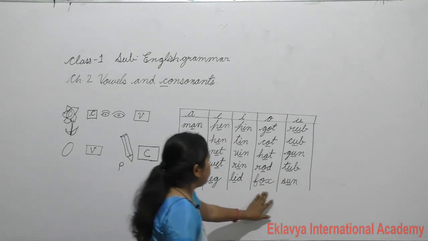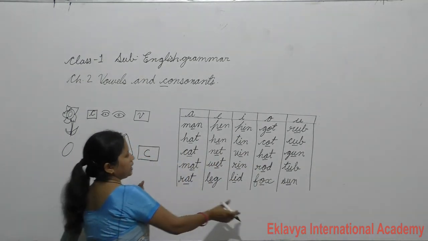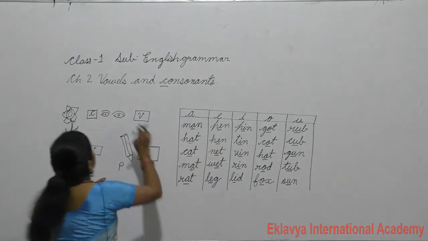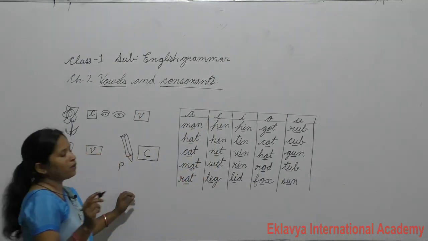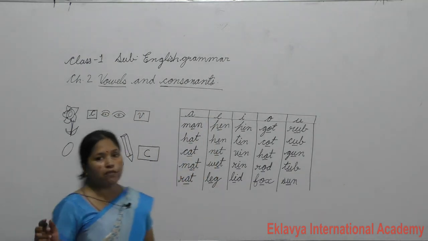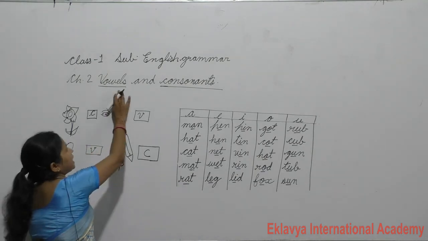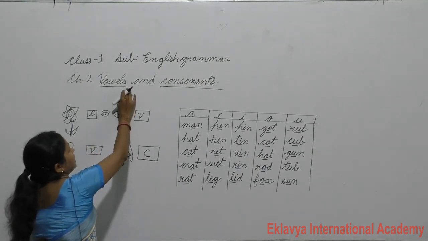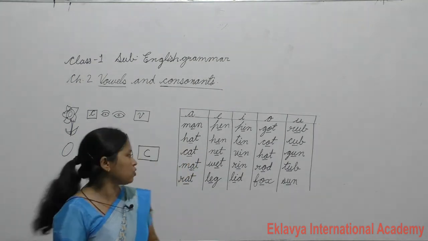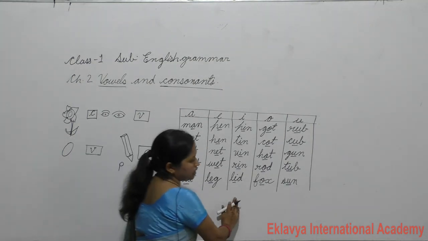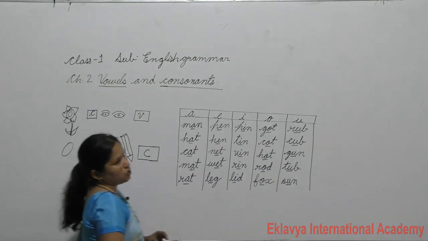There are many sound words, so read and learn these words, and I think you can identify vowels and consonants. One more time, repeat: how many vowels? 5 vowels. The alphabet has 5 vowel letters and 21 consonant letters in the English alphabet. Okay students, understand vowels and consonants.